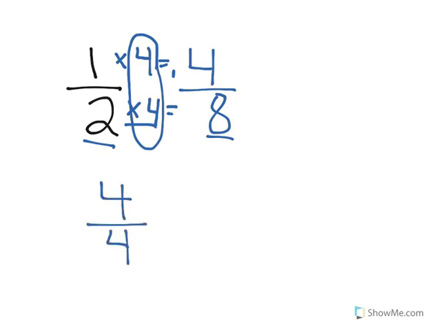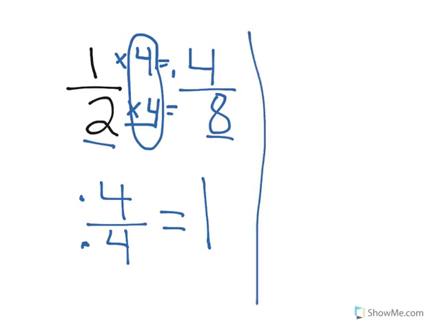You agree that the numerator is equivalent to the denominator. When you have a numerator and denominator that are the same, they equal 1 whole. So it's like you're taking 1/2 times 1 whole, giving you 4/8.